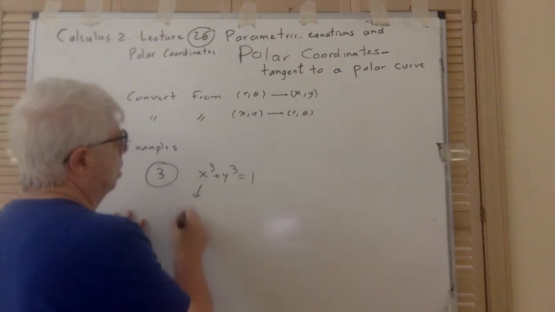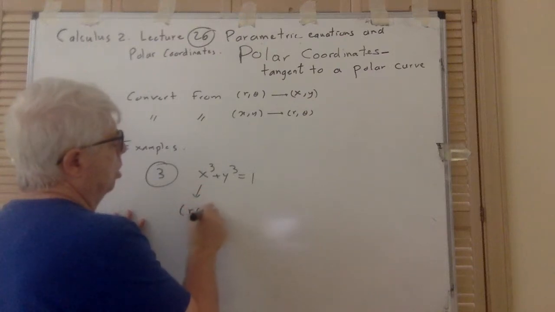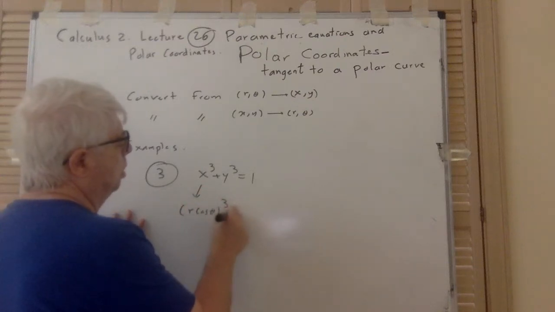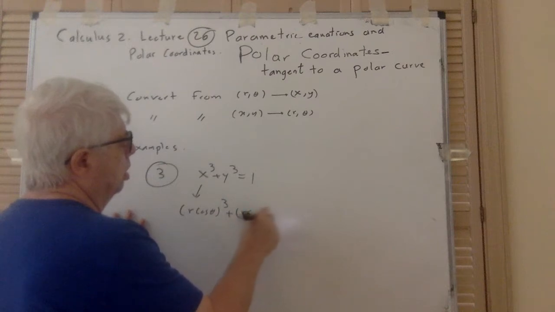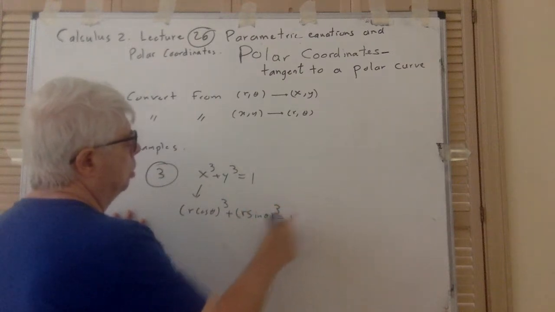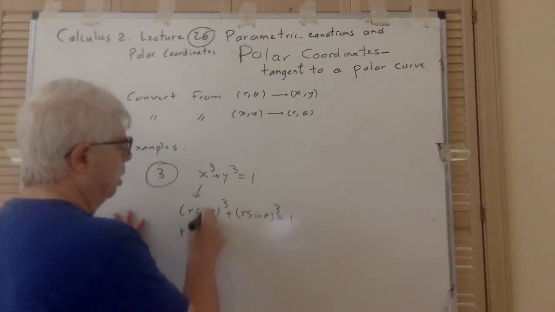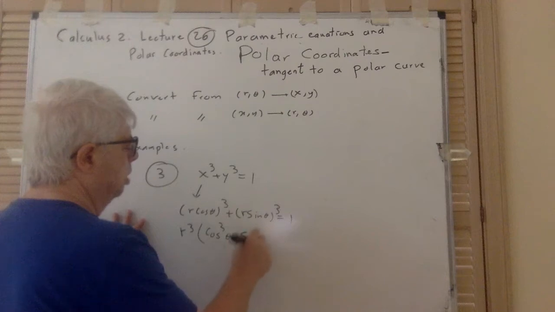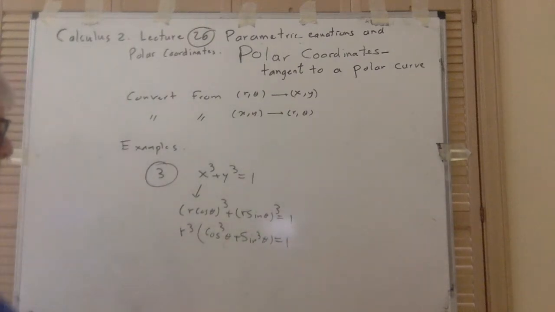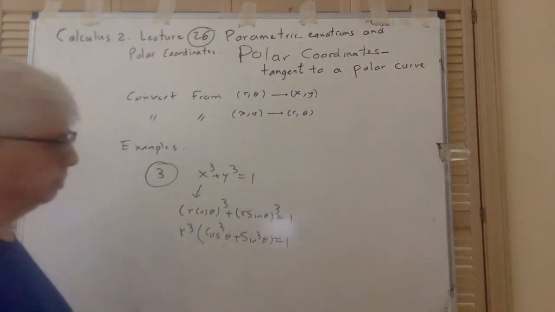X is what? R cosine theta to the power 3, r sine theta to the power 3 equals 1. Okay, that's fantastic. So I have r cubed times cosine cubed theta plus sine cubed theta equals 1. Finished. Well, this is a nice and legit polar form equation.